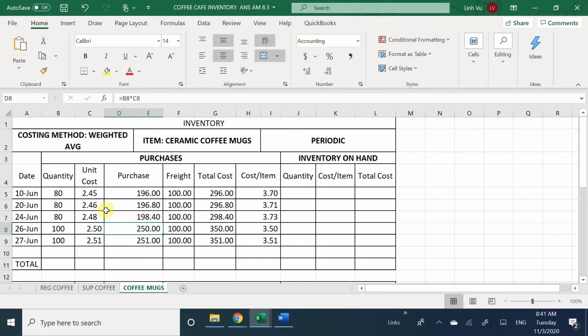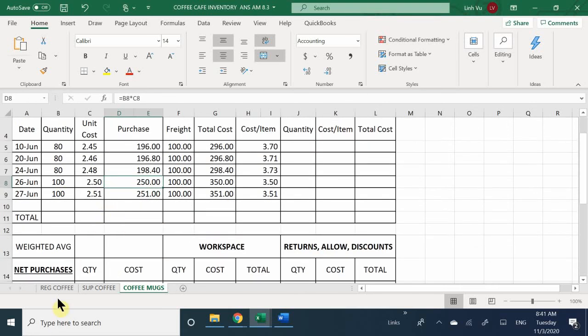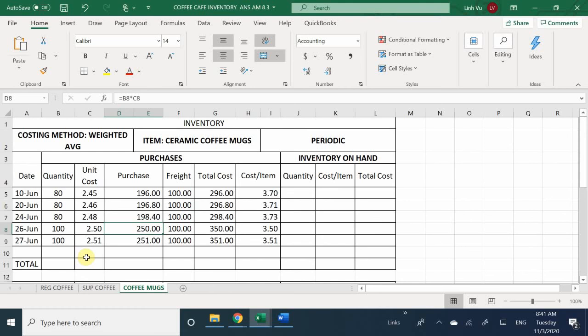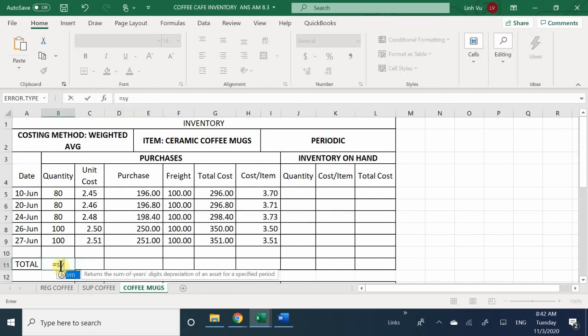Okay, so what do I do first? All I have right now is weighted average. I was going to add them all together, the quantity, and then calculate the total of the purchase and the freight cost.